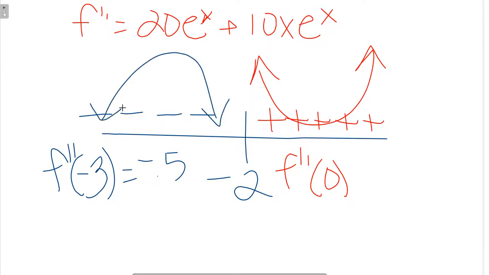This problem only asked us for the intervals in which this function is concave up. So concave up is going to happen from negative 2 to infinity. That is the interval in which this function is concave up.